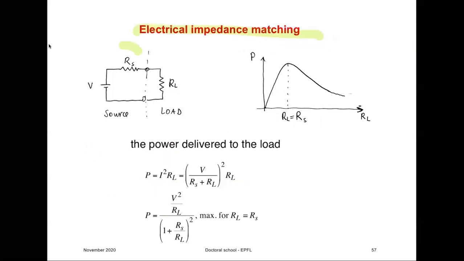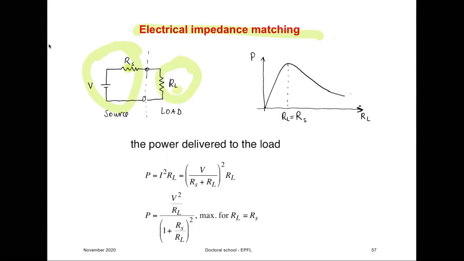So if you have here a source and you want to put electrical energy into a load, for example, in speakers, you have to match the resistance of source and load as close as possible.